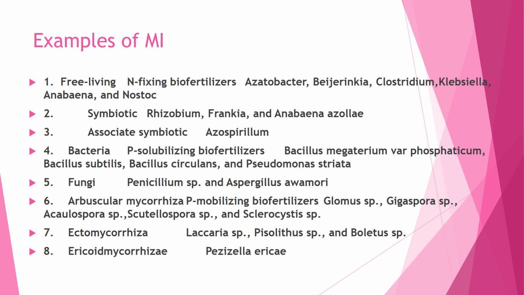Symbiotic effect of Rhizobium, Frankia and Anabaena azollae. So these are all different types of strains. Azospirillum, we mentioned just now. P solubilizing, and some of these fungi which produce Penicillium species. Automatically this will give the plant higher resistance against pathogens or disease because of this antibiotic functionality.